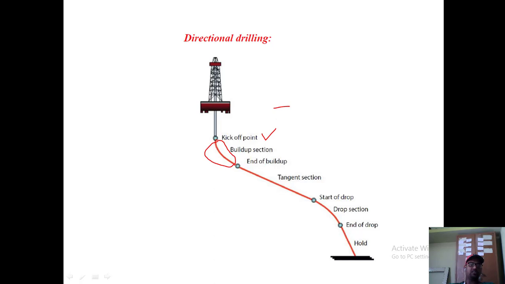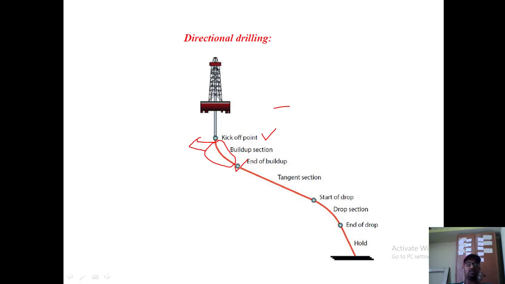The red line is the build-up section, and just after the kickoff point, the build-up starts from that particular point. The rate at which the build-up section is developed is considered the build-up rate. And this point is the end of the build-up section.